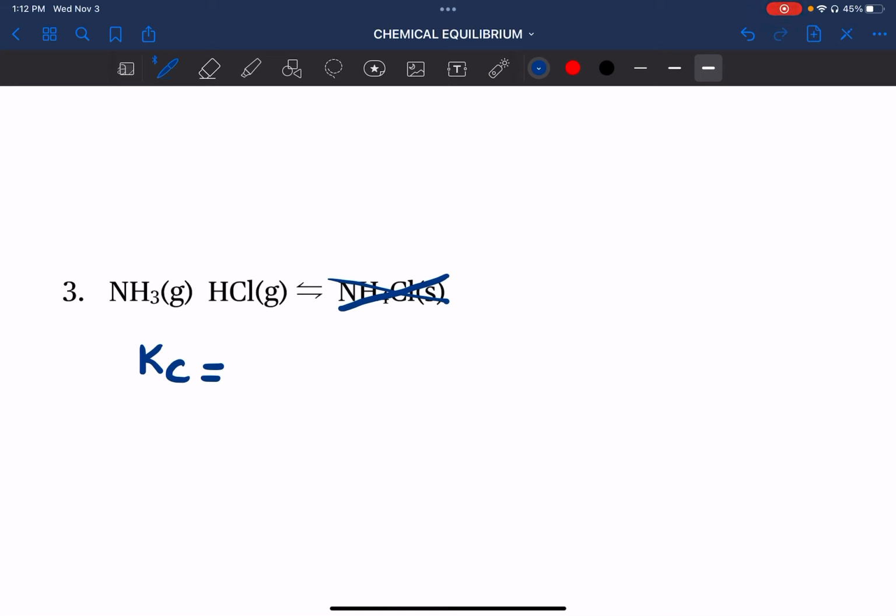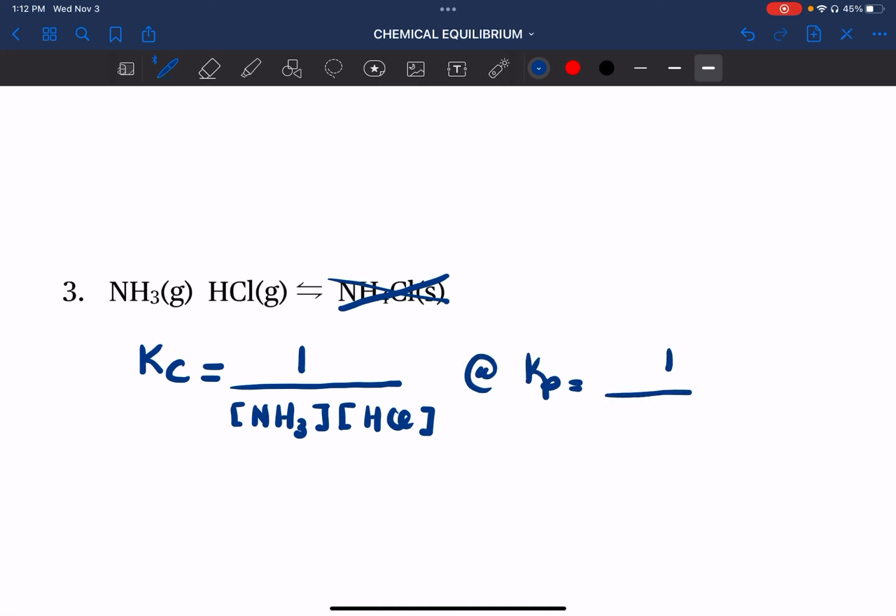So for this case, we are going to write down 1 over concentration of ammonia times concentration of HCl. So kalau Kp pun sama lah. Kp sama dengan 1 over partial pressure of ammonia times partial pressure of HCl.